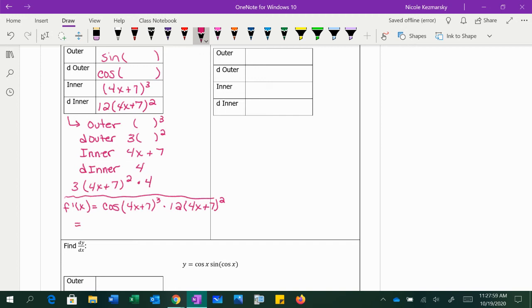So when I finally clean this up, I'm bringing the 12 and the 4x plus 7 squared to the front because it's less complicated. And then cosine of 4x plus 7 to the third comes after that.